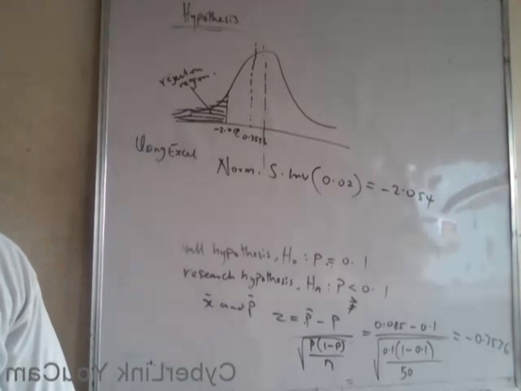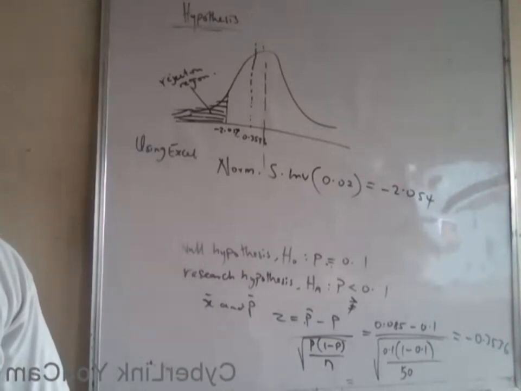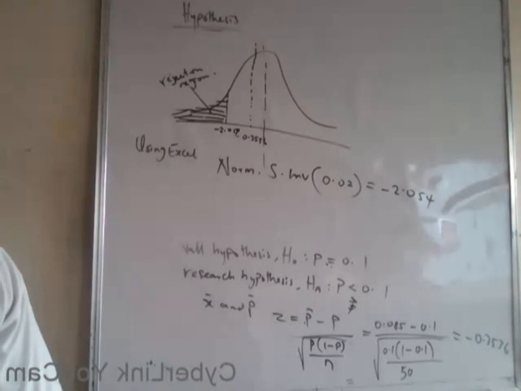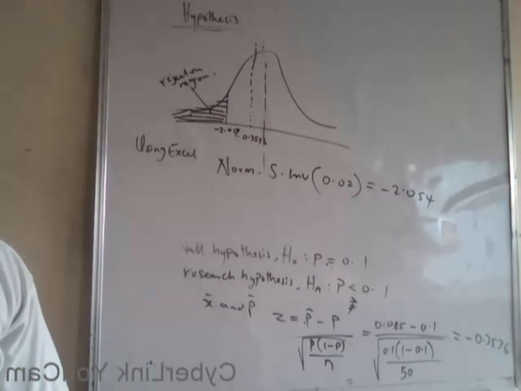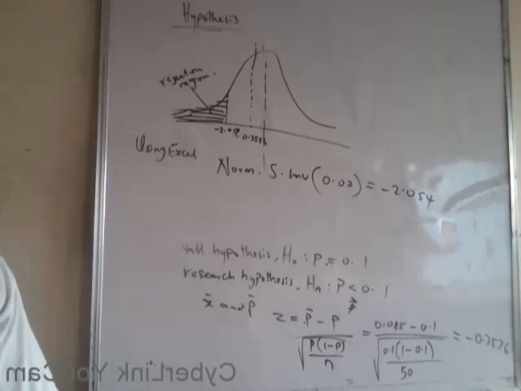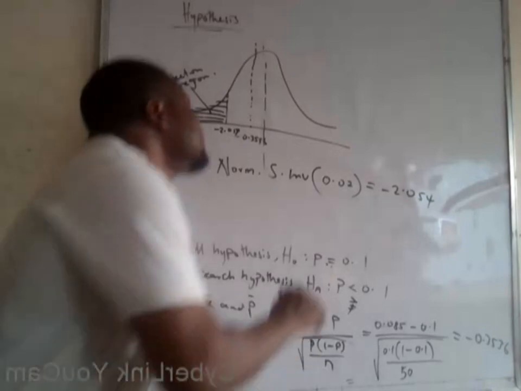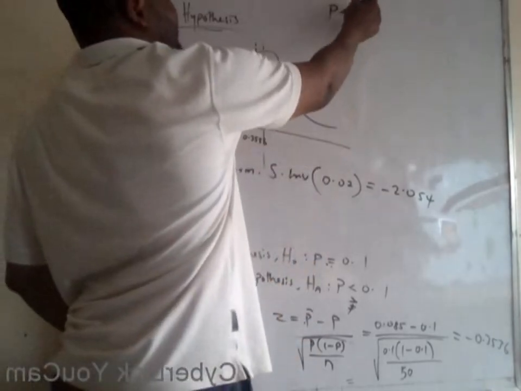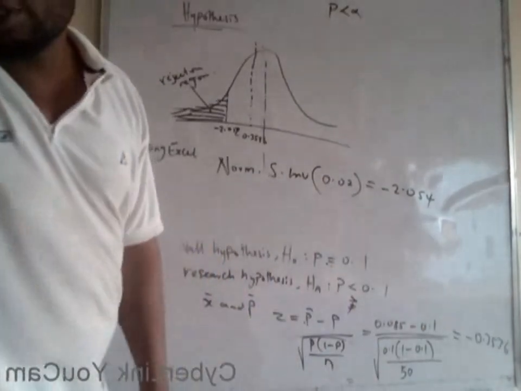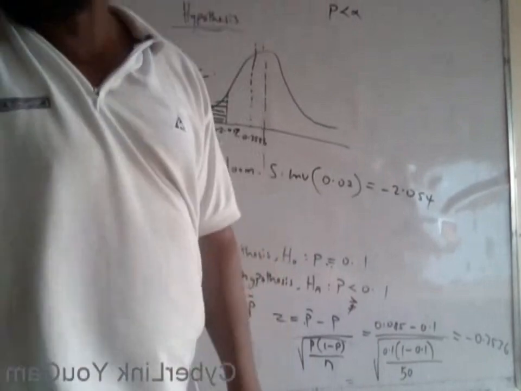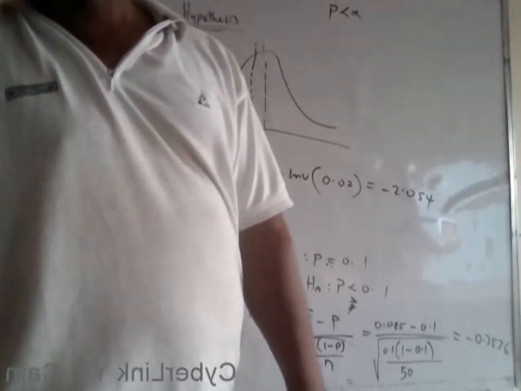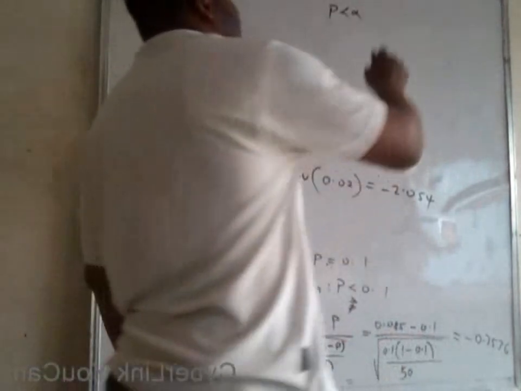Now the second method is to determine the p-value, the probability of finding a random sample, given that the null hypothesis is true. So we compare our finding to our level of significance. Now, if p is less than alpha, then we reject the null hypothesis.